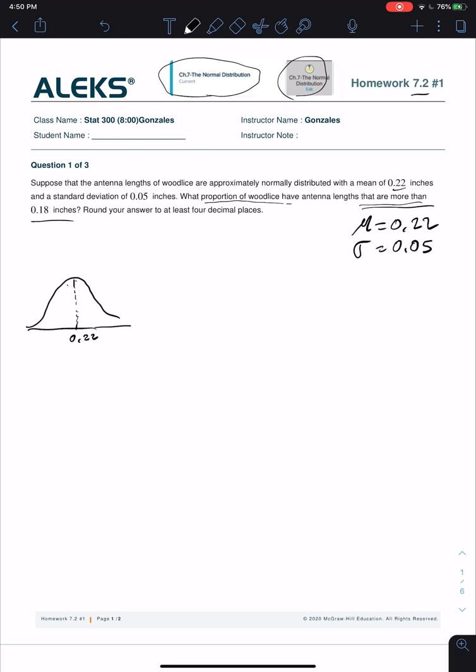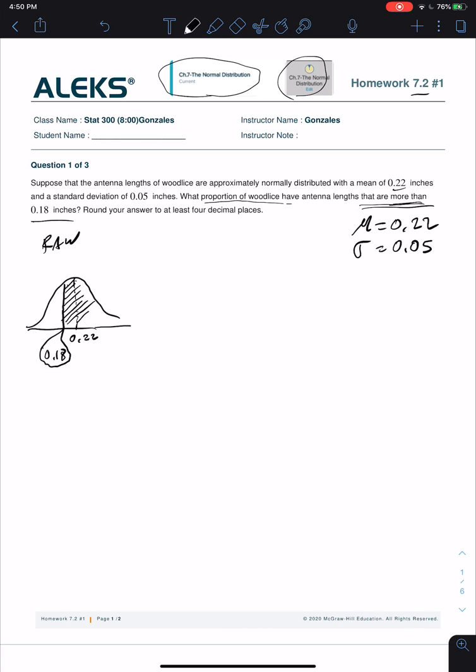Well, 0.18 is definitely to the left of 0.22, so it's smaller than the mean. Notice this is not a negative number because they're not z-scores. It's not a standard normal. This is our raw data from the problem.